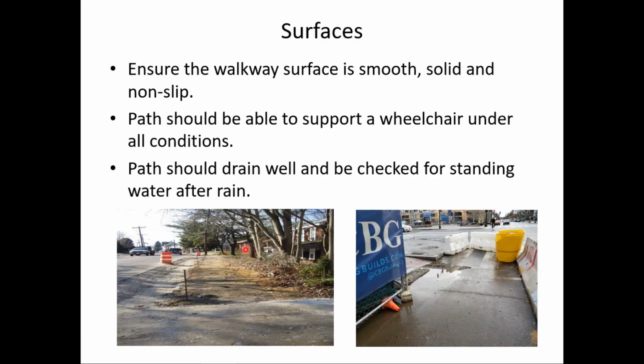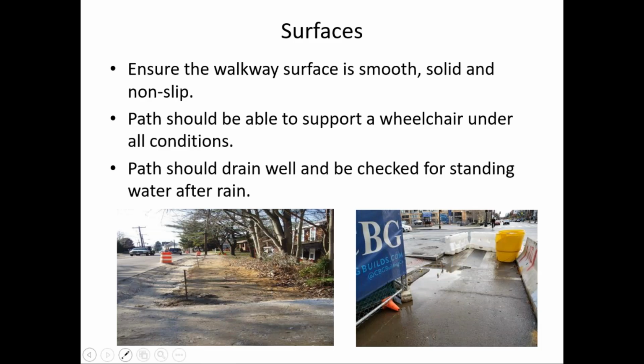Notice this lower left image here. Someone sent me this a few years ago and said, isn't this an acceptable alternate pedestrian path? And I replied, no, it's not, because it looks like it's just basically bare earth, and that is not going to be accessible under all conditions. Rain events may soften that soil.